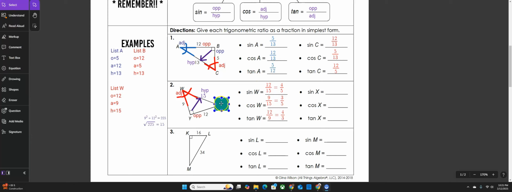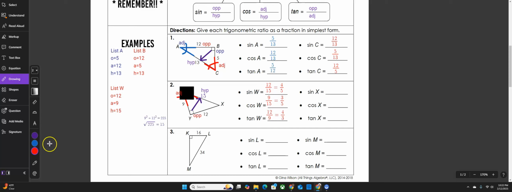All right, finally, let's go ahead and focus on angle X. All right, so apparently it wants to keep that ADJ available, but that's okay. We're going to go ahead and highlight angle X. And then we're going to label the sides accordingly based on their relationship to angle X. Hypotenuse does not change.